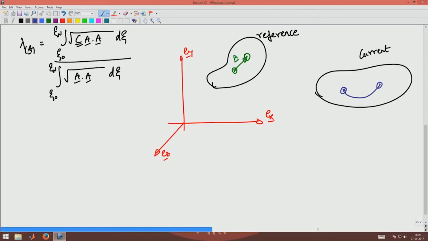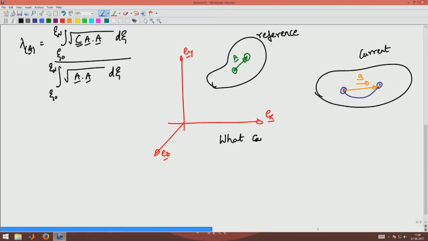Okay. Now, instead of it deforming like a curve, if I say it deforms like a straight line, say this was also a straight line with orientation A, and this also deforms as a straight line with the orientation A, then what can I say about F?